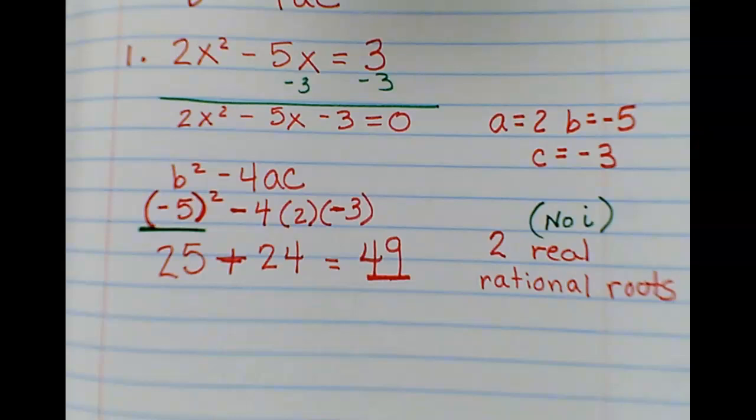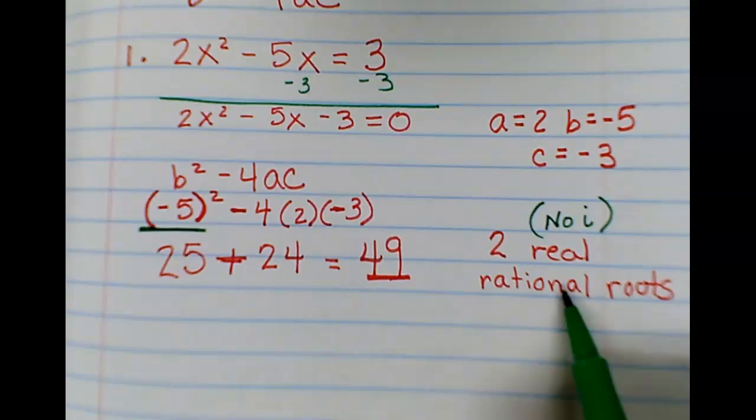Any number that could be put in the form of a fraction. It could be a fraction or a whole number. Can you put a whole number in the form of a fraction? Can I make the whole number 5 into a fraction? So it is rational.